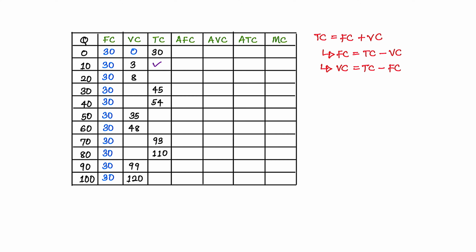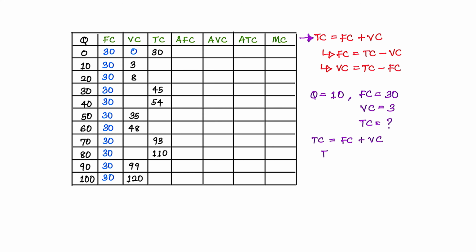So we know that when our output Q is 10, the fixed cost is equal to 30 and the variable cost is equal to 3. So we need to find the total cost. To find the total cost, we use this first formula here, which says total cost equals fixed cost plus variable cost.